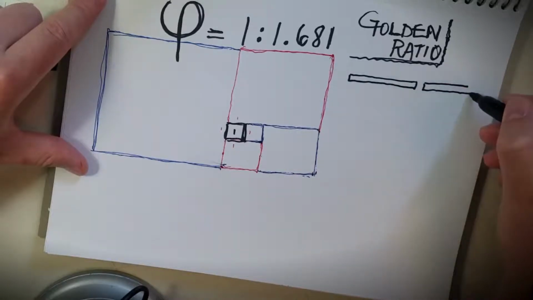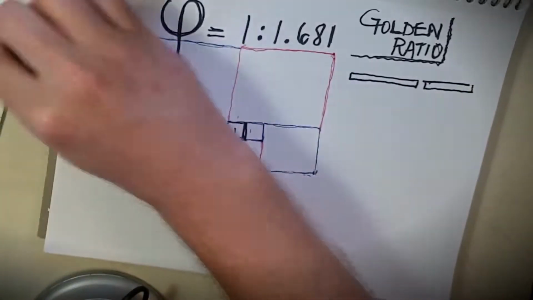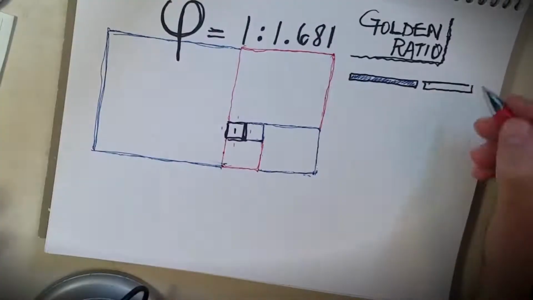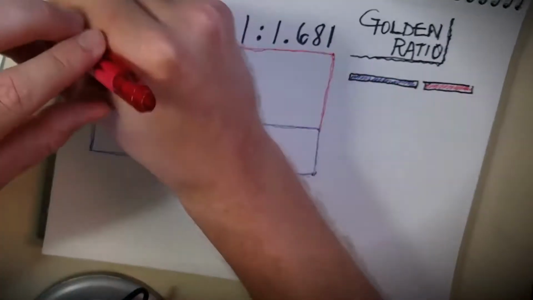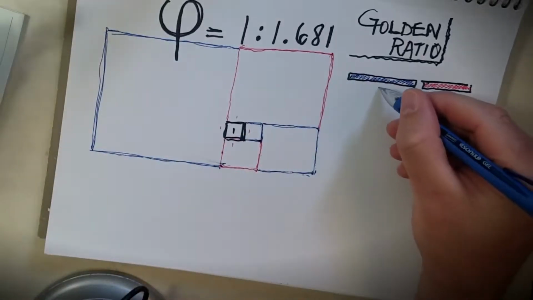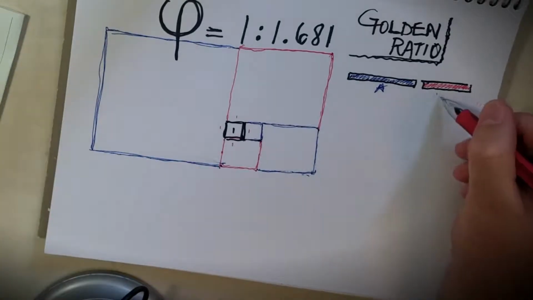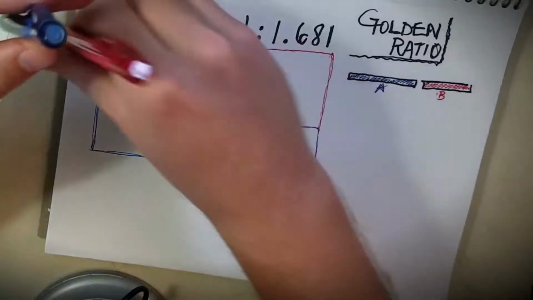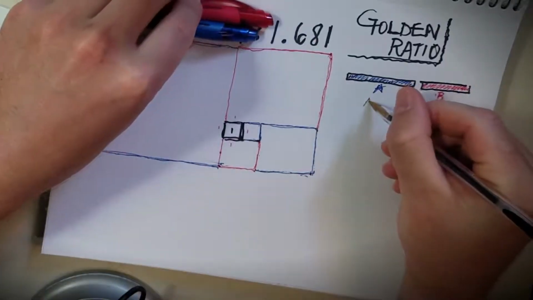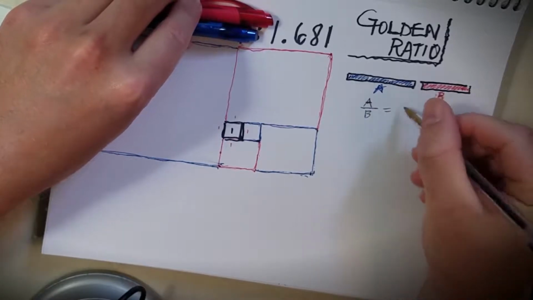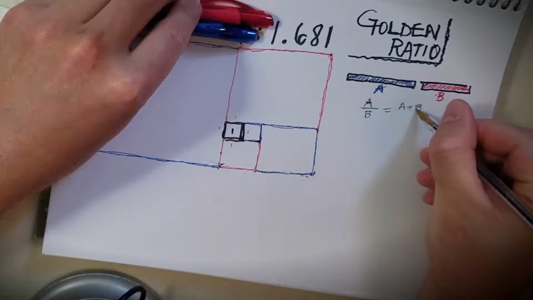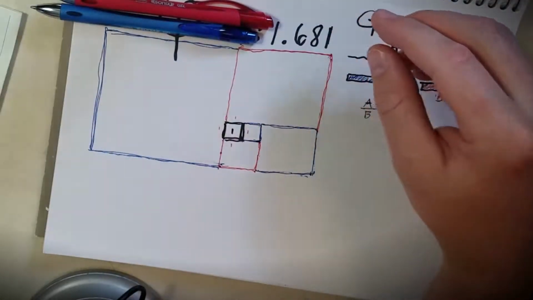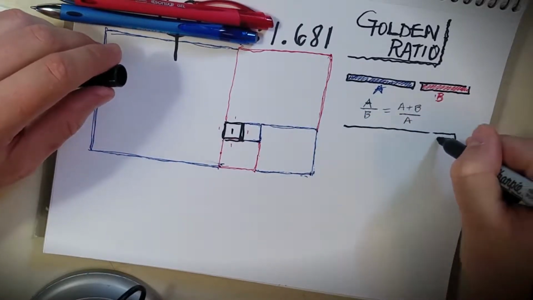So if I draw my little rectangles again to reference, we're going to pretend that this is A, that's B, and I think we said the ratio of A to B equals the ratio of A plus B to A. So we can see here.